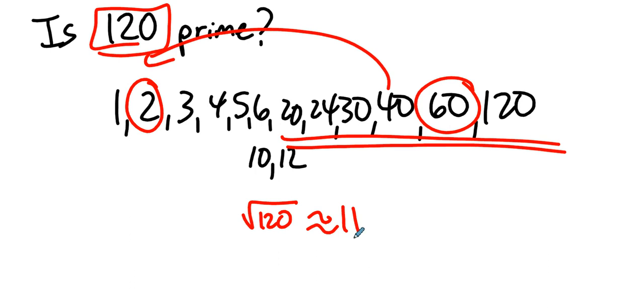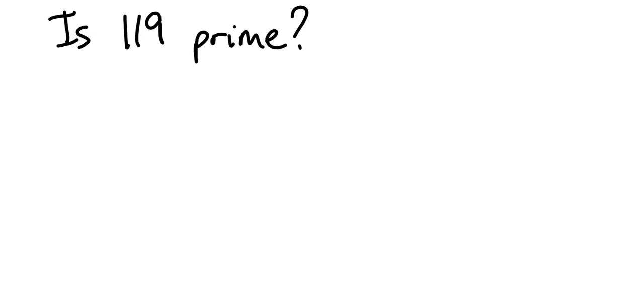So if we're checking primes, we only have to check primes up until that number. And if we check all the primes up until that number and we do not have a factor, then we say that our number is prime. So what's the square root of 119? It's about 11.